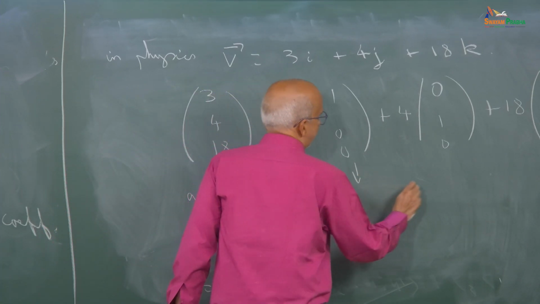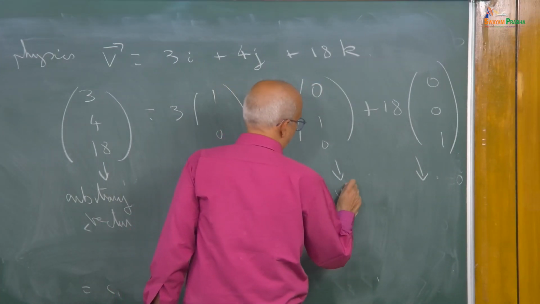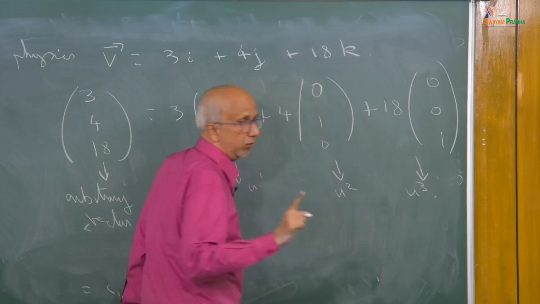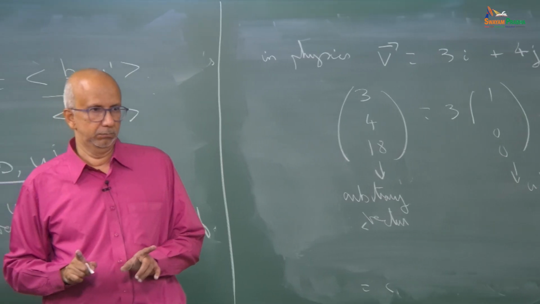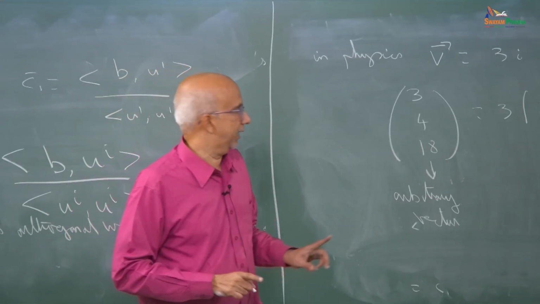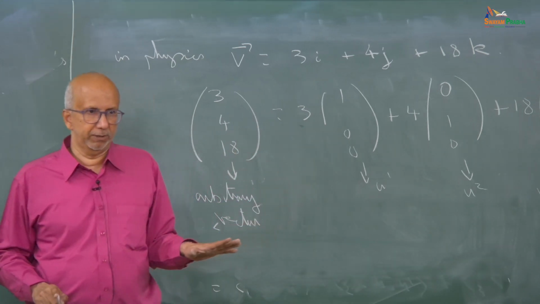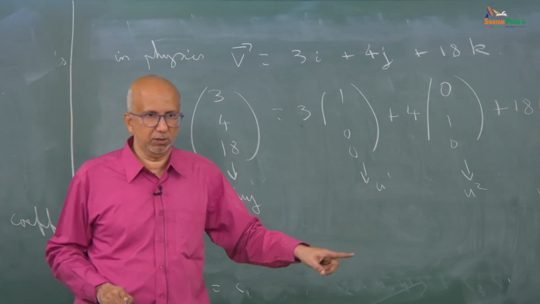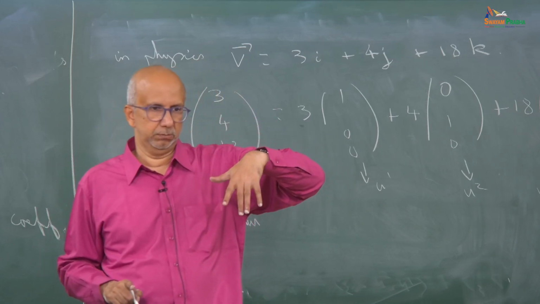These are my u1, u2, u3, which are orthogonal, perpendicular, to each other. Take the inner product, you get 0. And because they are orthogonal, I can find these coefficients in a very straightforward manner. If they were not orthogonal, then I would have to solve a system of 3 equations and 3 unknowns.